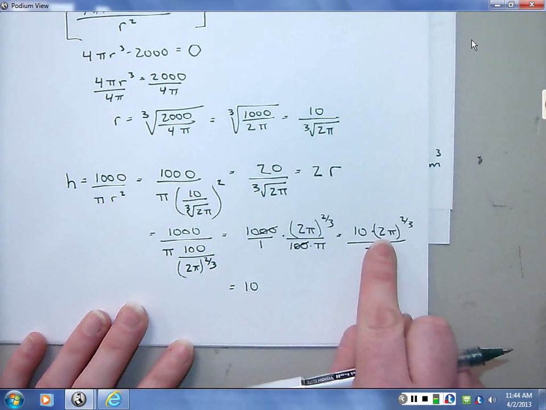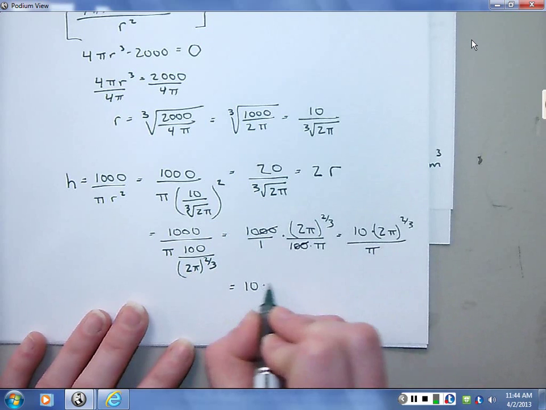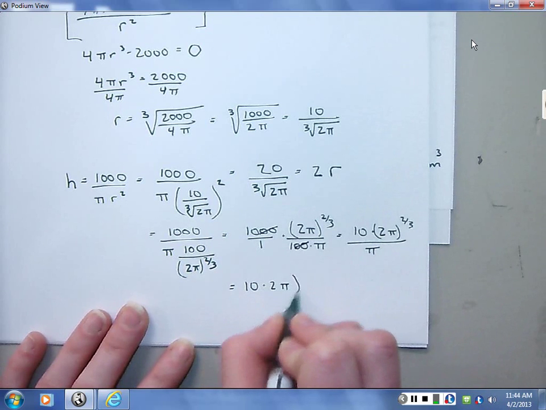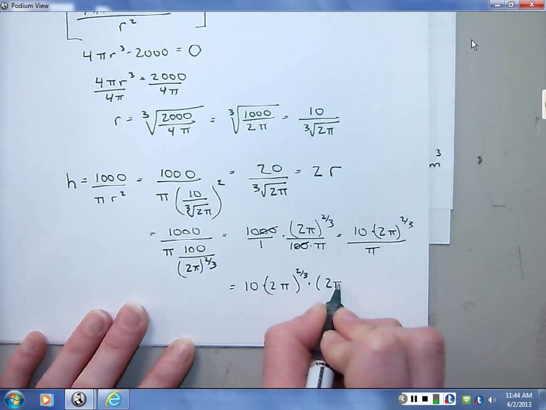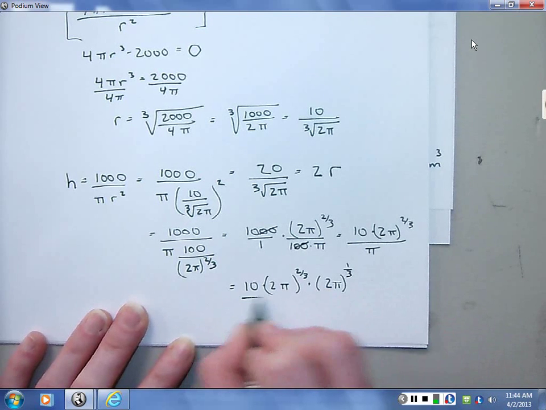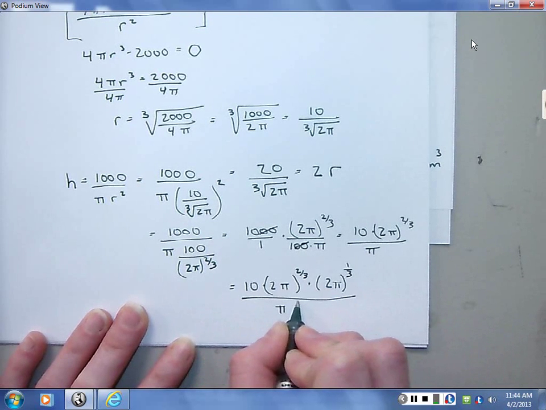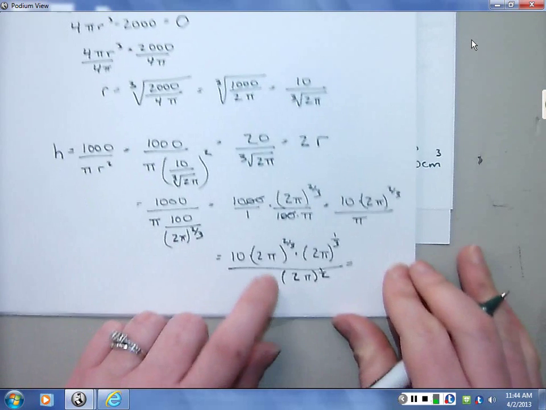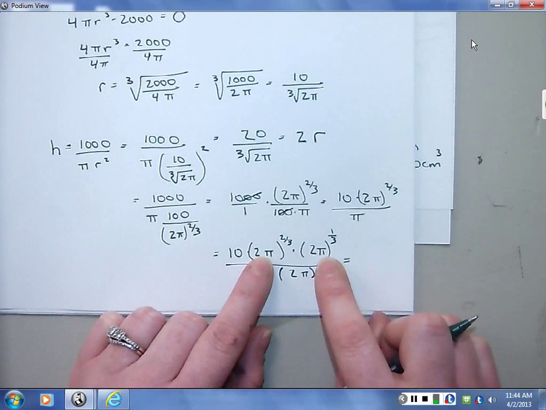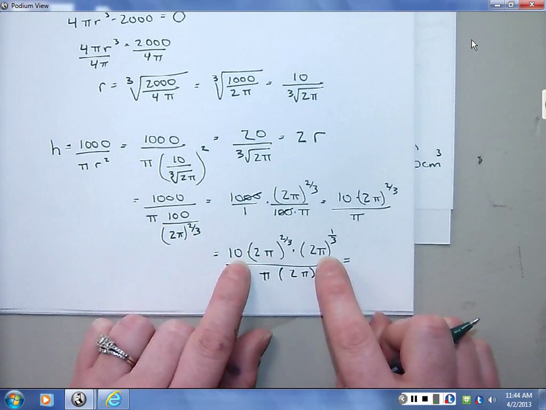So at this point, I have 2 pi, all that to the 2/3. So if I multiply by 2 pi to the 1/3 on top and bottom, what would I have? I would have 2 pi to the first power, right? Times 10.